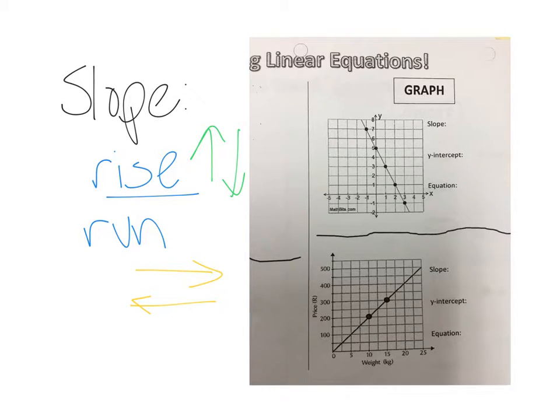How does the line go up or down on the y-axis, and how does the line then run across the x-axis? All right, we already should know that the y-intercept is where the line crosses the y-axis, which once again is that vertical axis going up and down in our graph, right? And once we have those two things, we can then make an equation. So once again, follow along with me as I'm going over this, and we will be filling some of these things in together.